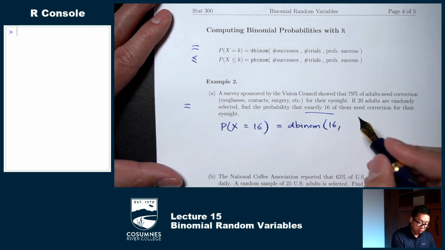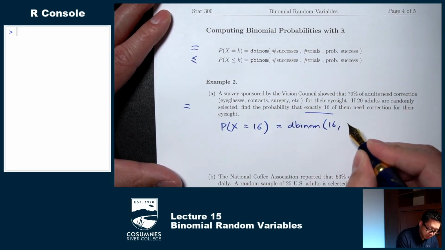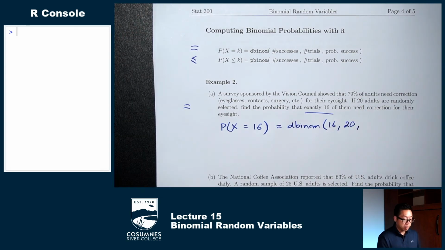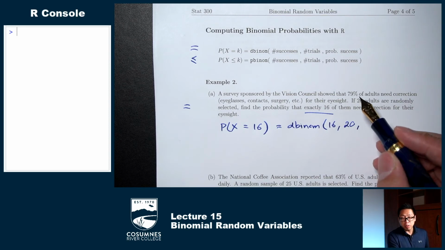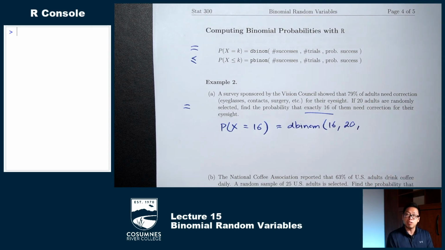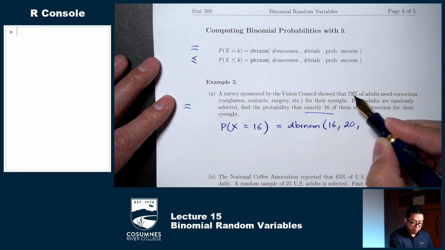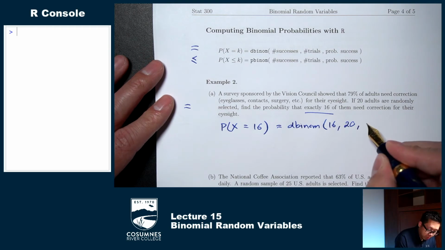So we're picking a total of 20 adults. Comma, probability of success. Probability of success is going to be the percent. Anytime we're doing calculations with percents, we want to convert it to a decimal first before we plug it in. So 79% as a decimal: move the decimal point 2 to the left, 0.79.